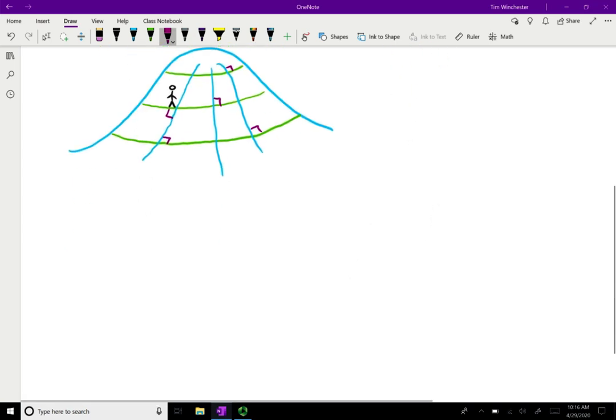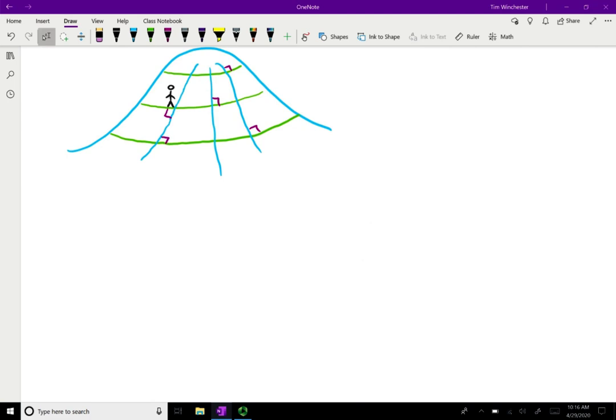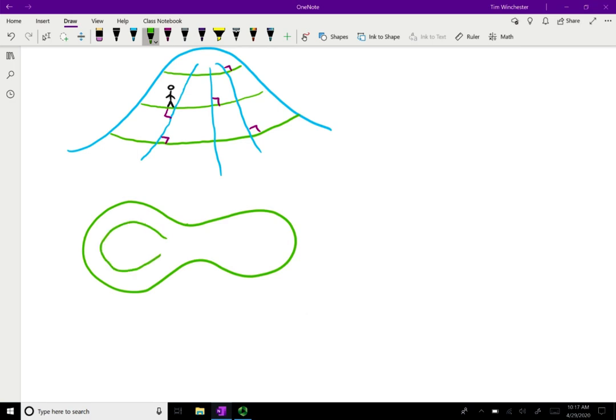So in maps of hills, one way that we represent them is with what we call a contour map. For instance, we can have some sort of map that looks like this, and then maybe inside there's something like this, and then maybe another one here.